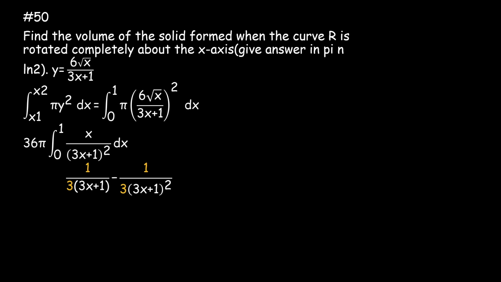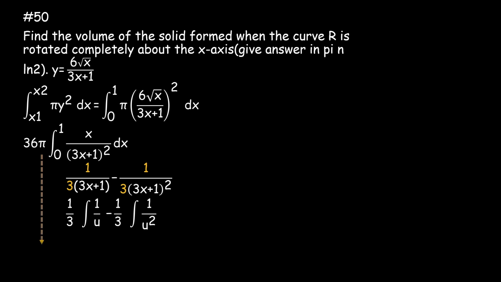If we replace u with 3x plus 1 and we factor out the 1/3, this would give us 1/3 times the integral of 1 over u minus 1 over u squared. The first part will give us a natural log, while the second part will give us u to the power negative 2 plus 1 over negative 2 plus 1.